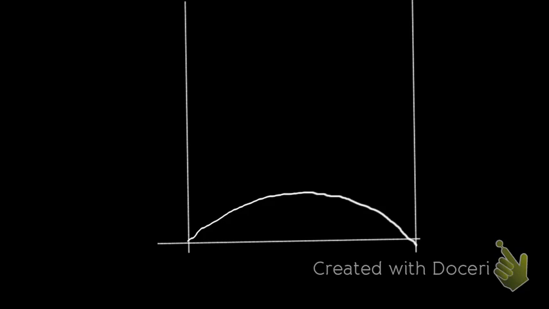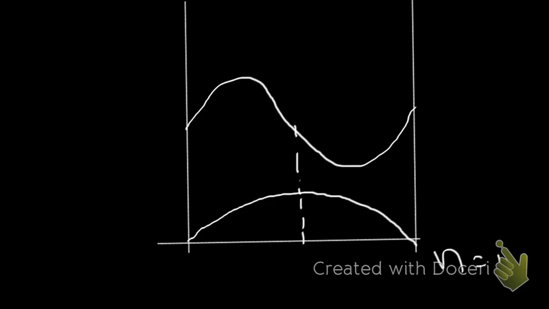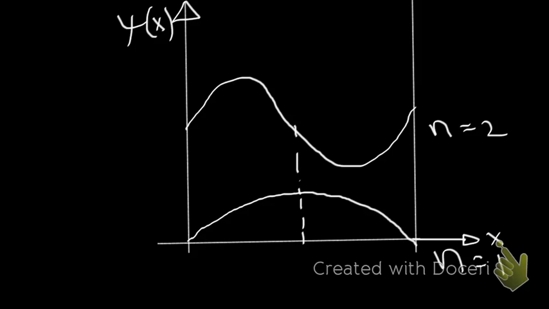I'm not so good at drawing. So this is for n equals 1, this is for n equals 2, and on my horizontal axis I have my position x, and on my vertical axis I have my psi of x. This is how my wave function is going to look.